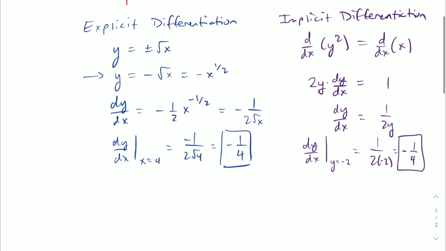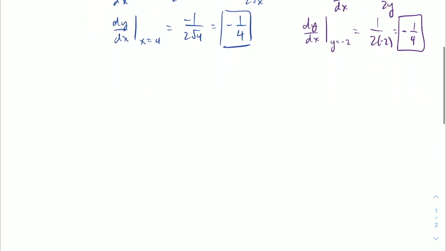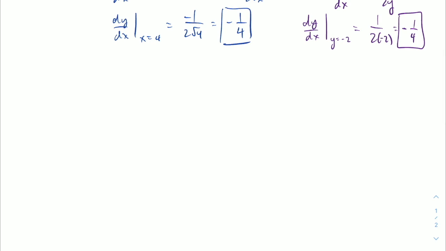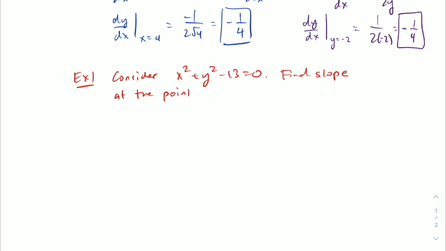All right, let's look at another example. Let's consider the curve x squared plus y squared minus 13 equals 0, and we're going to find the slope of the tangent line to the curve at the point (3, 2).